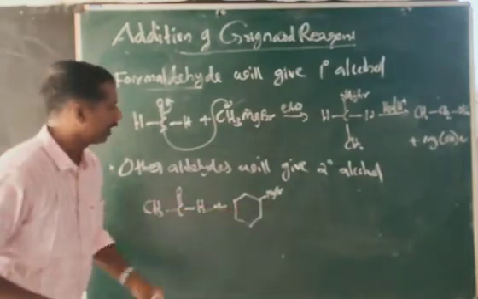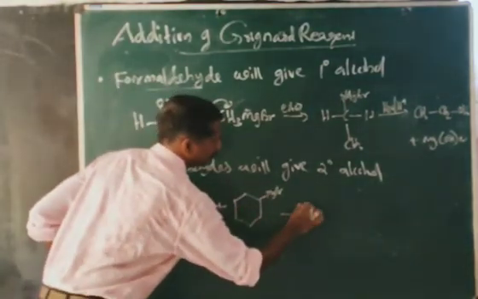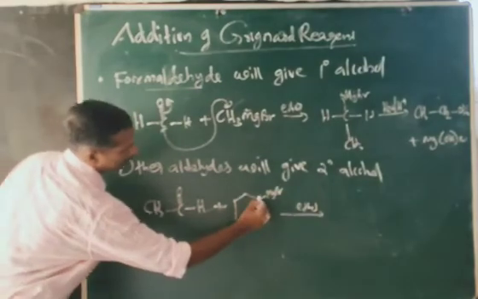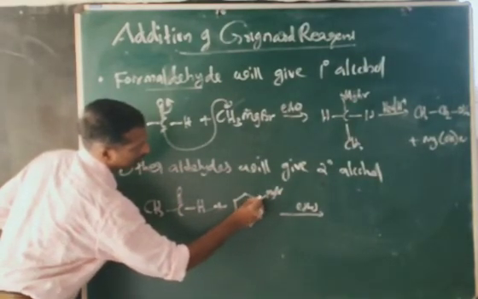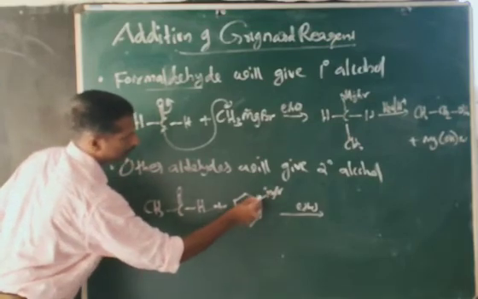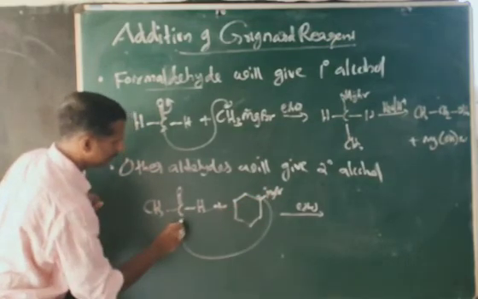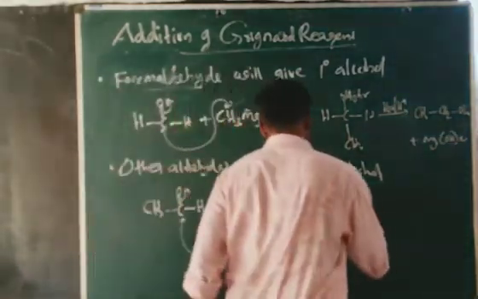So in presence of ether, what will happen? This carbon is negative and MgBr plus. This is attacking here, and we get a structure like this.